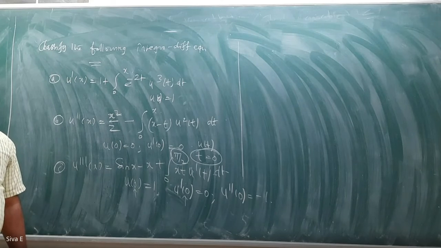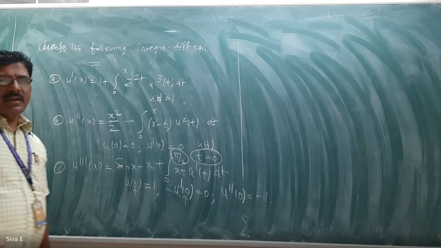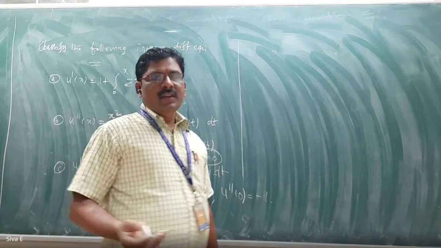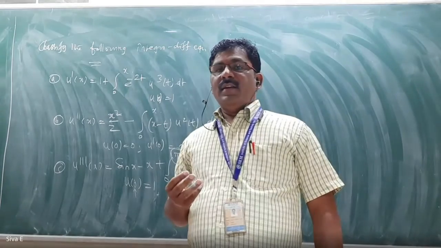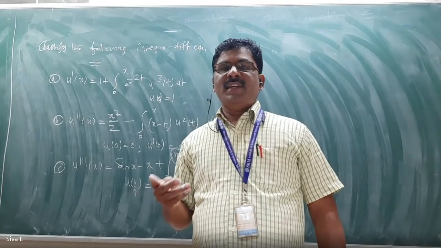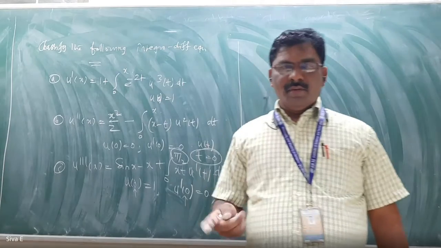How can you identify whether it is a boundary value problem or an initial value problem? That is important. When a problem is given, you have to know how to classify it as an initial value problem or a boundary value problem.